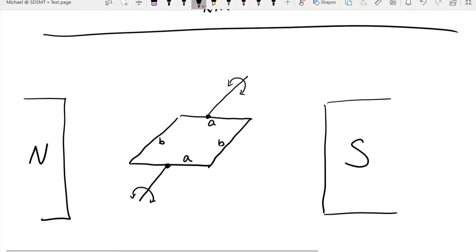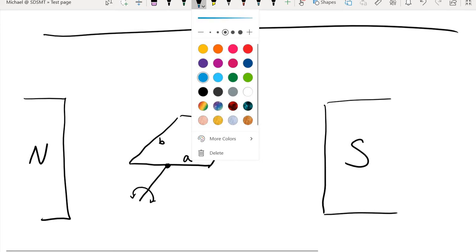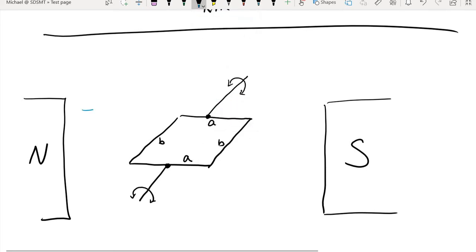And this will result in magnetic field lines traveling across our coil. So all of these are going to be our magnetic field lines.